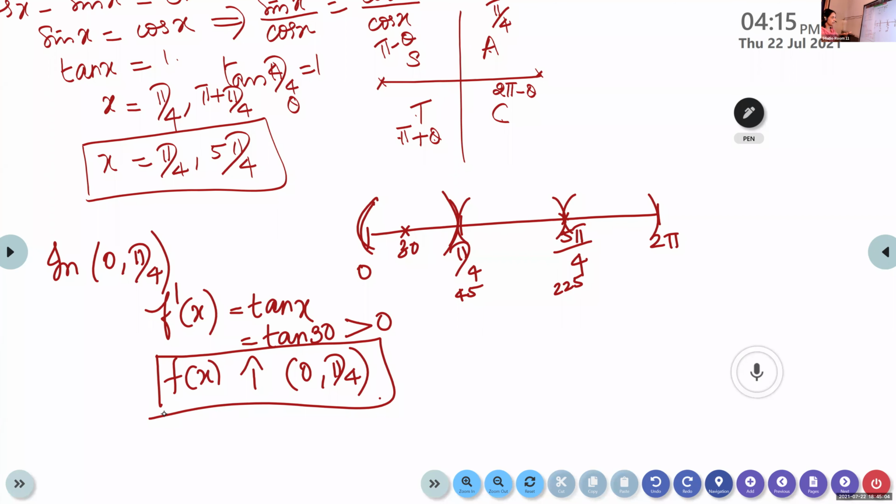Or you can take 60, tan 60. You can select the known value there. So you select a value in between pi by 4 and 5 pi by 4. You can take 60. If you don't know the other values, consider the values known to you in pi by 4 to 5 pi by 4. Is it positive or negative?